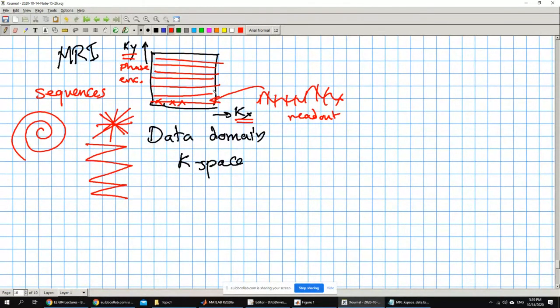You choose the step here, so that if you take a sample on one line, the lines are separated by the space between them, which is one of the things that we set in MRI, the phase encoding. So we have two samplings that are done there.